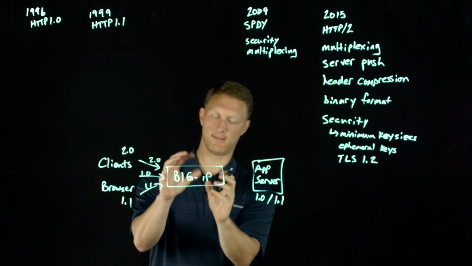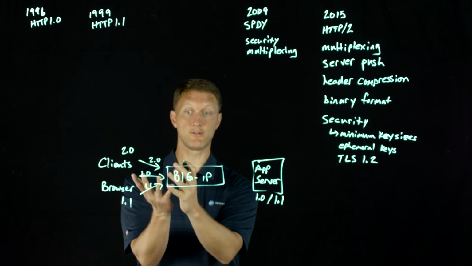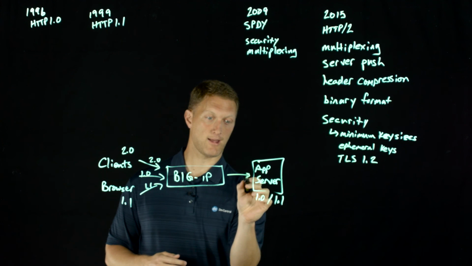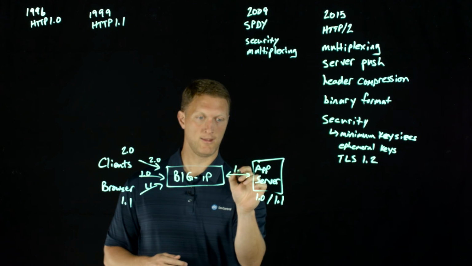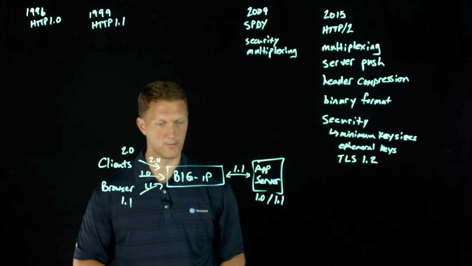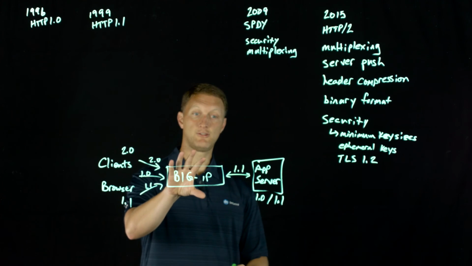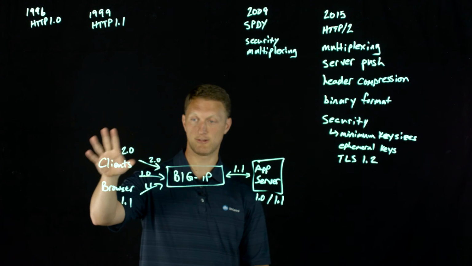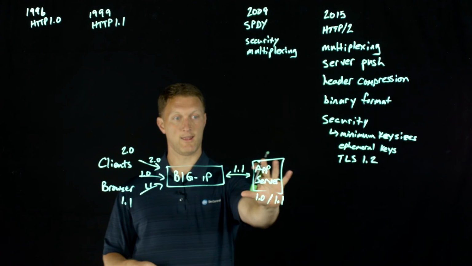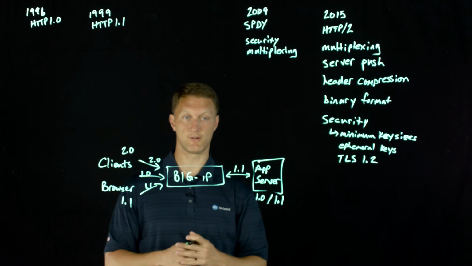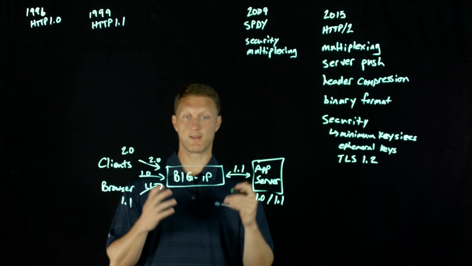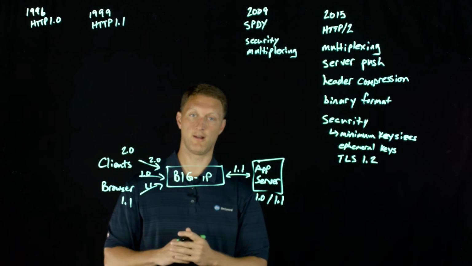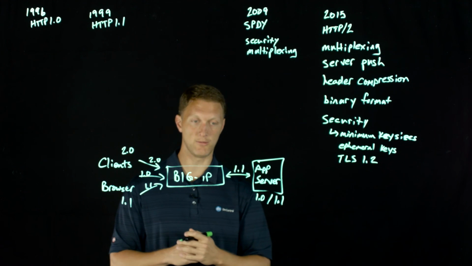The BIG-IP can understand all those different versions of the protocol, and then maybe it has determined that the app server is only going to speak HTTP 1.1. That's what you can do based on all these disparate clients and an app server that only speaks one version of the protocol. So get out there, implement your BIG-IP, and let it do the conversion and translation for you.